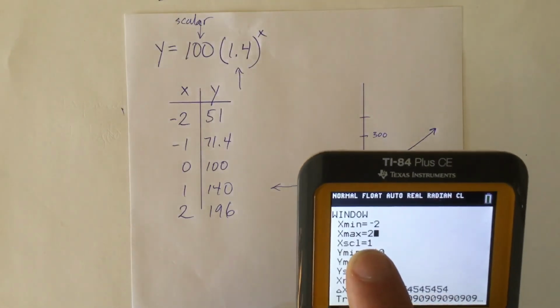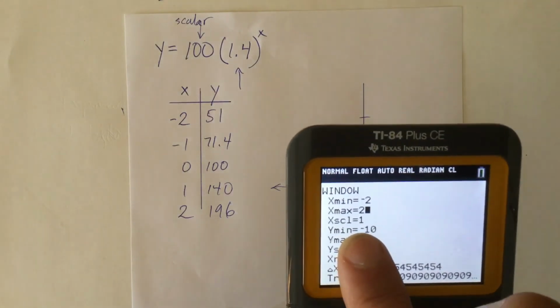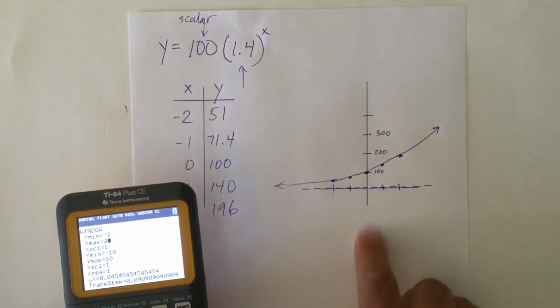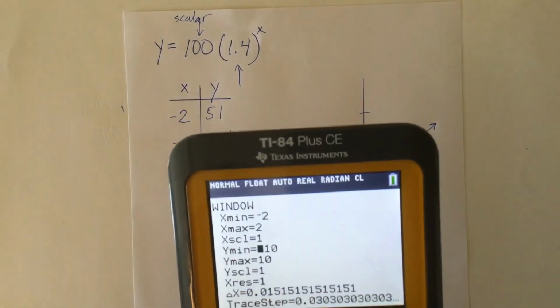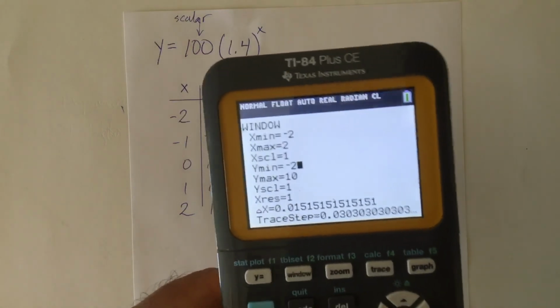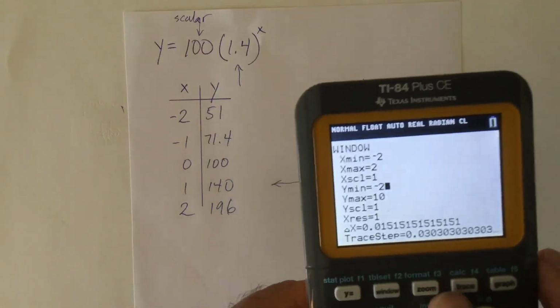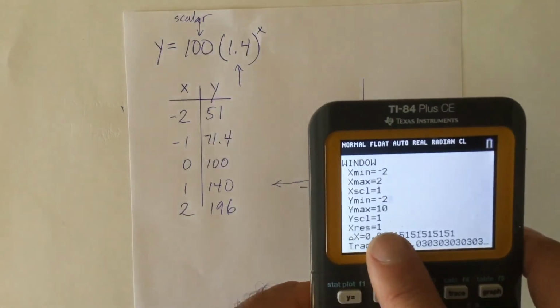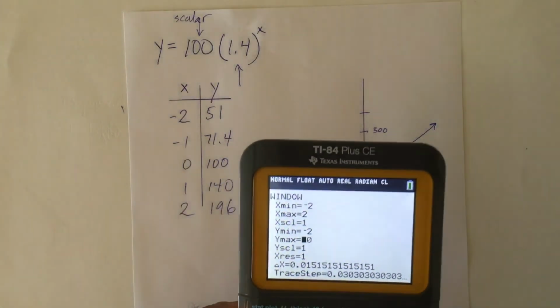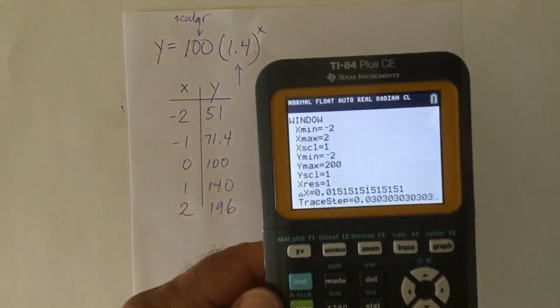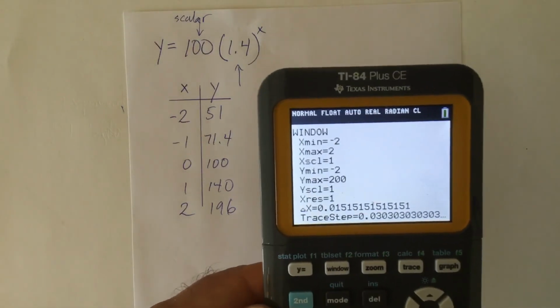It's still 1, but I don't have anything below the y. I have an asymptote. There's nothing down here. So I'm just going to give it a little sliver of light there. I'm going to say -2 and delete that, 0. And then y max. Well, what's the highest value I got out was 196. So I'm going to make it 200. I'll just make the top end 200.